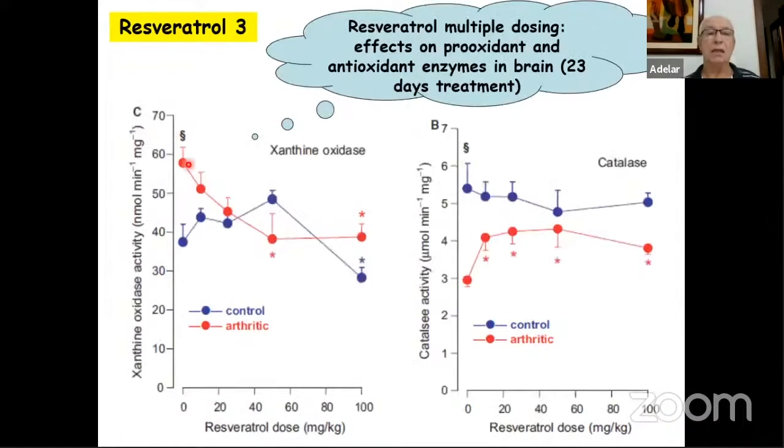But there was a decrease in the increased xanthine oxidase activity. But here again, the effect in control rats was a mess, no defined effect, a declining tendency here, but this is difficult to interpret. There was almost a normalization of the negative effects of arthritis in catalase, dose dependent, of course.